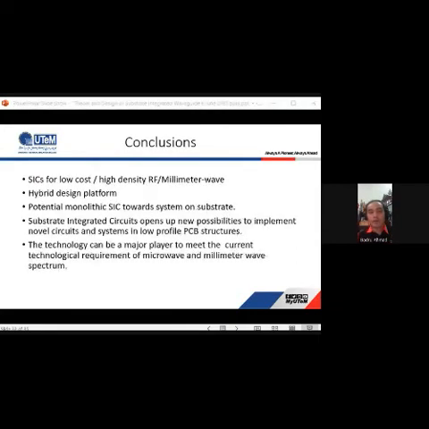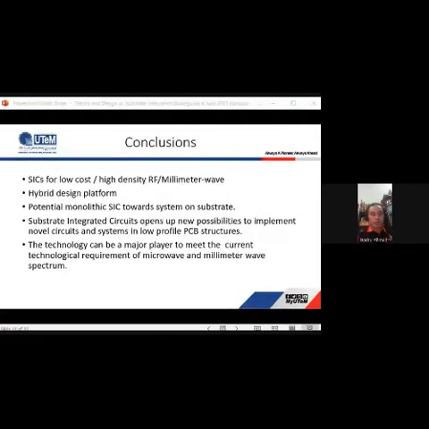Okay, as for conclusion, we know that substrate integrated circuits, or SIC, is for low cost and high density RF and millimeter wave fabrication, and it can be hybrid in terms of design platform. It can integrate different techniques, different planar structures. We can marry them together, with the potential of monolithic SIC towards a system on a substrate.